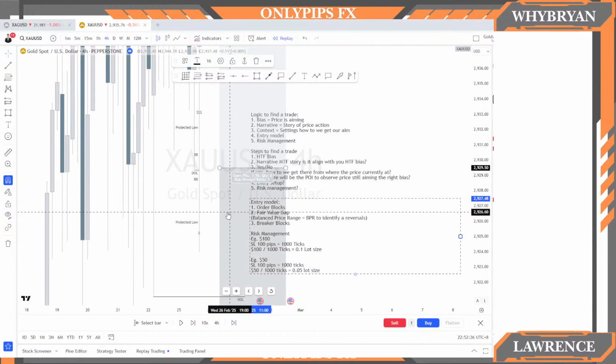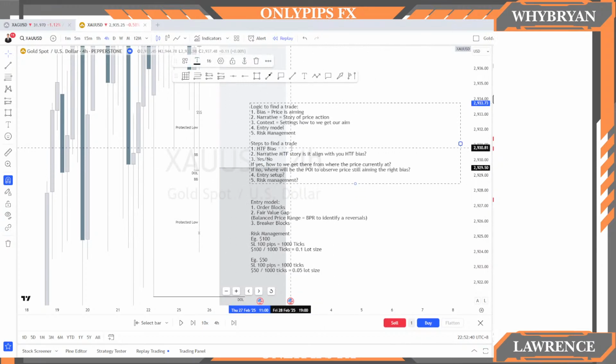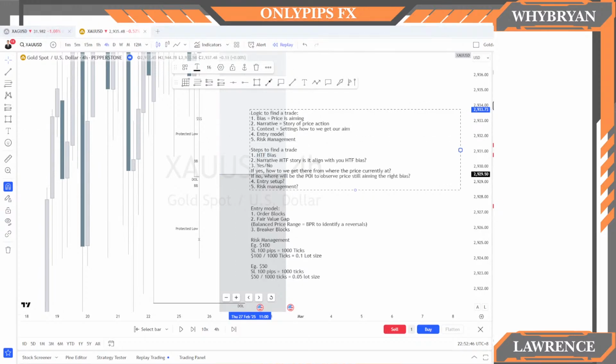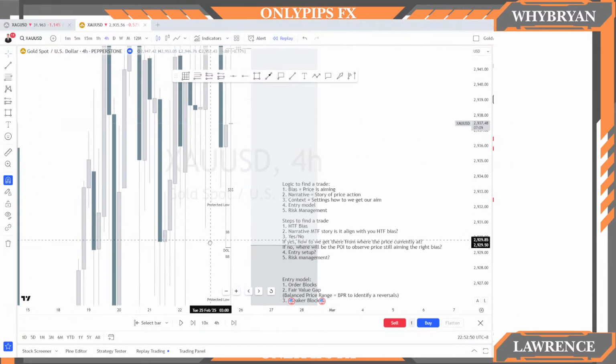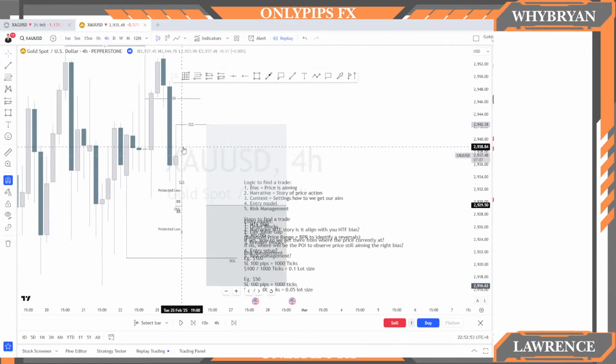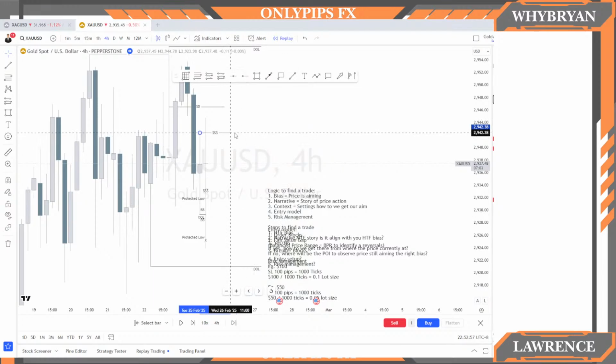Okay, so back to the question. We have the steps to find the trade. We have the higher time frame bias, like how we aim at the 4-hour time frame, this liquidity high, and the price eventually just dumps from here.